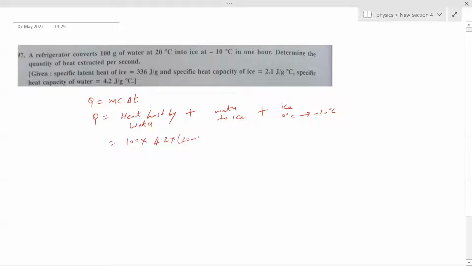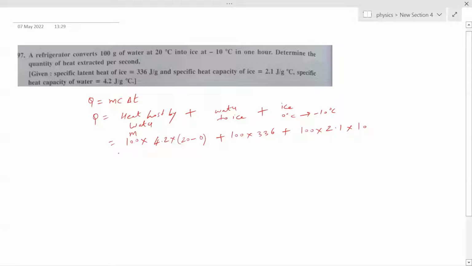Then 100 into 336. Next, 100 into 2.1 into 10.